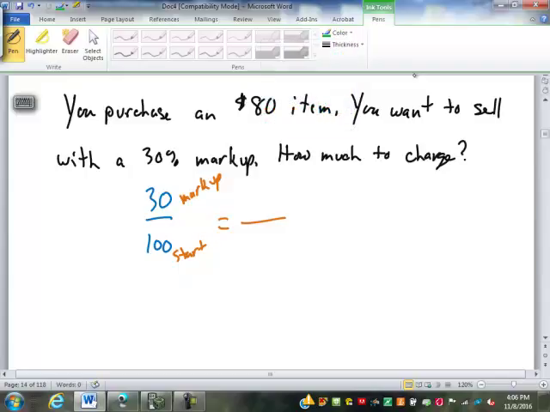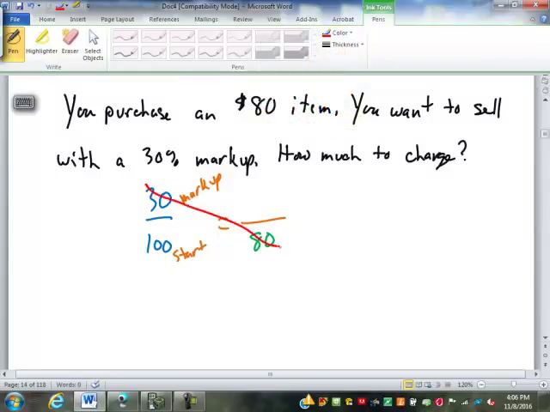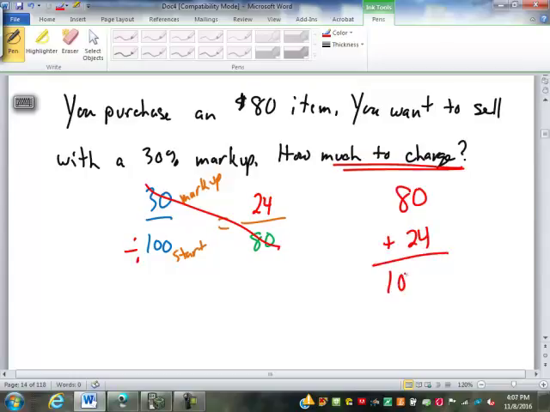So on the other side, we have the beginning amount, the $80. If we cross multiply and divide here, 30 times 80 divided by 100 gives us 24. Is that what we're looking for? Are we looking for the markup? No, we're looking for how much we charged, which is the original $80 plus the markup, $104.